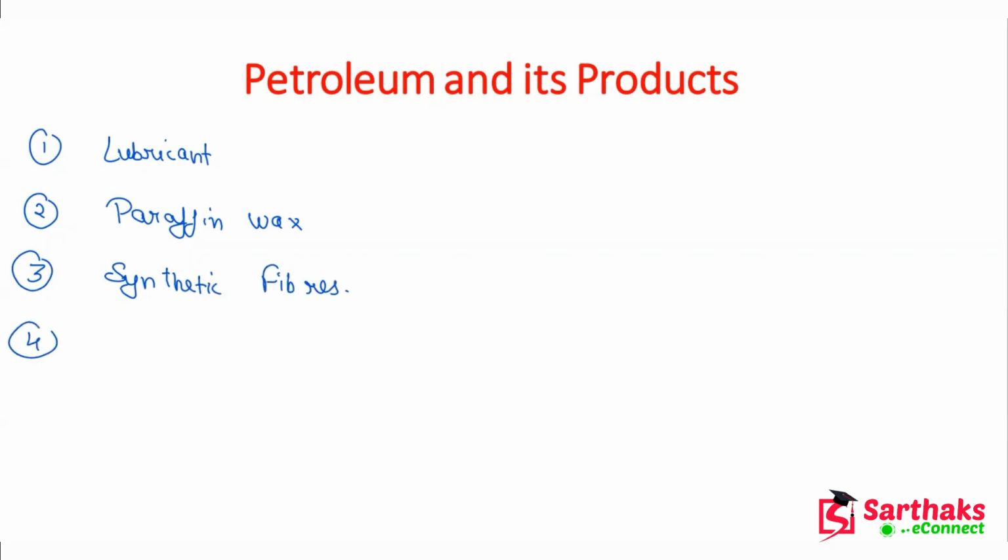The fourth is that they are used in explosives, because they can blast. Fifth is synthetic rubber. If we have to harden the rubber, we use petroleum products there, because rubber in its pure form is not that hard.